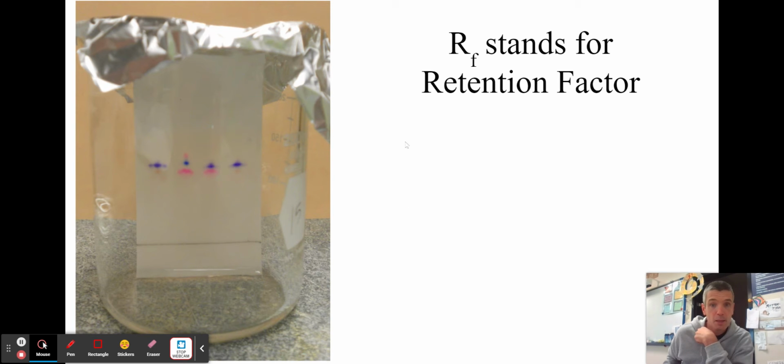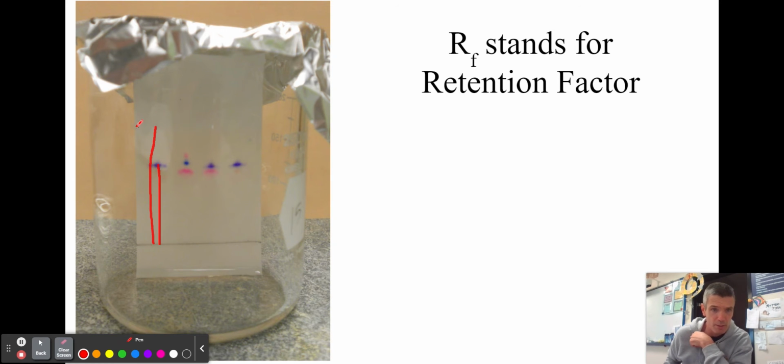To do them, you really need to measure something about your solutes. It's often called the RF value, which stands for the retention factor. You need to measure two things: how far the dye went and how far the solvent went.